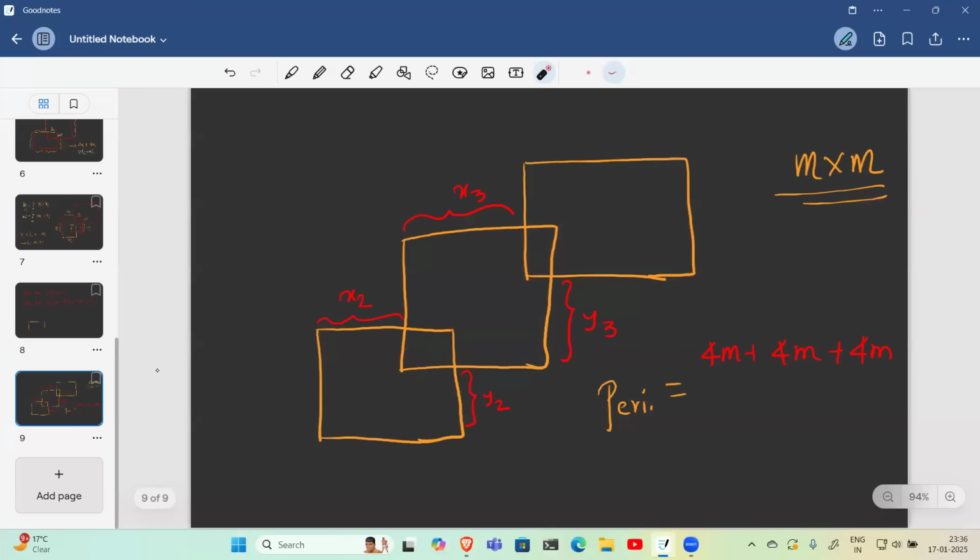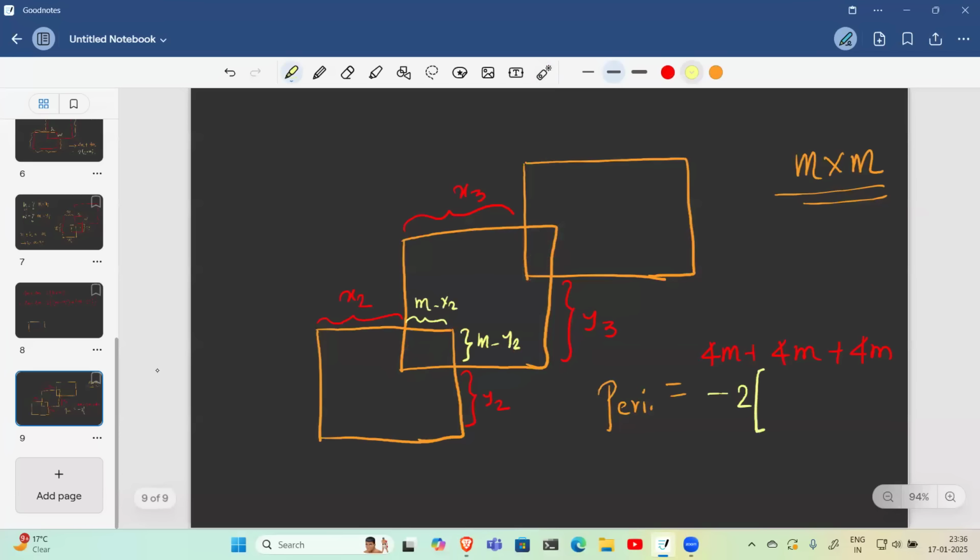By simple geometry, we found out the perimeter of this rectangle. It is nothing but 2 times, and we found out that this length is m minus x2 and this length is m minus y2.